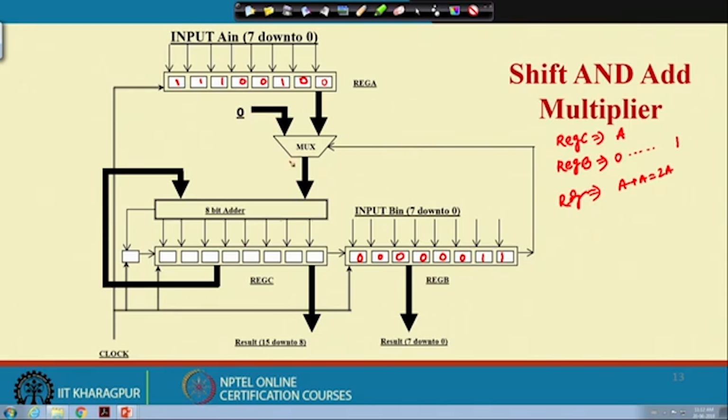Then again in the next, what will be the register B value? If that is 0, then that 0 will come over here, and then again it will try to push this one, and then again it will come down to this.